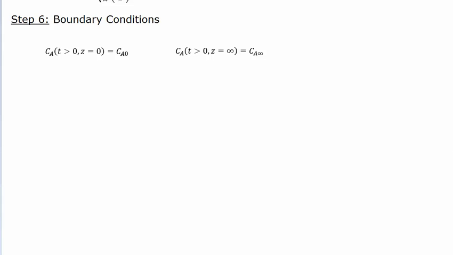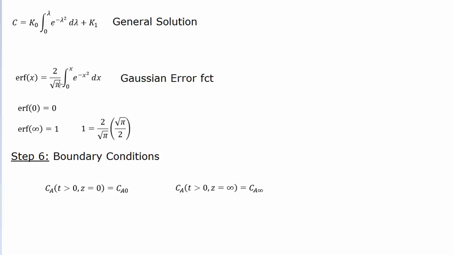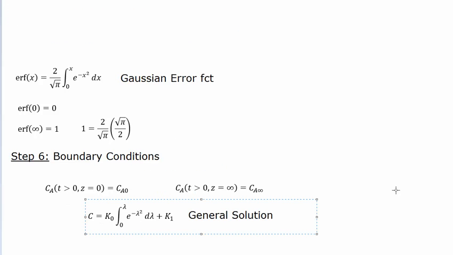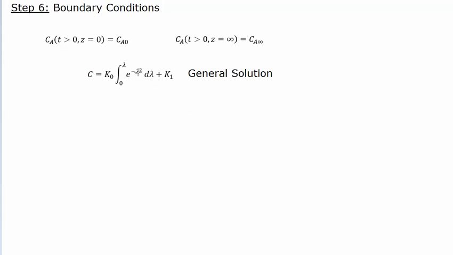So since I've told you that the error function turns out to be 0 when evaluated at 0, and this integral looks pretty much the same, what you'll see happen when you evaluate this function at 0 is that this integral will go to 0. So on the left-hand side, our concentration is just going to be the initial concentration. This integral will go to 0. So we see that K1 is simply going to be our initial concentration.